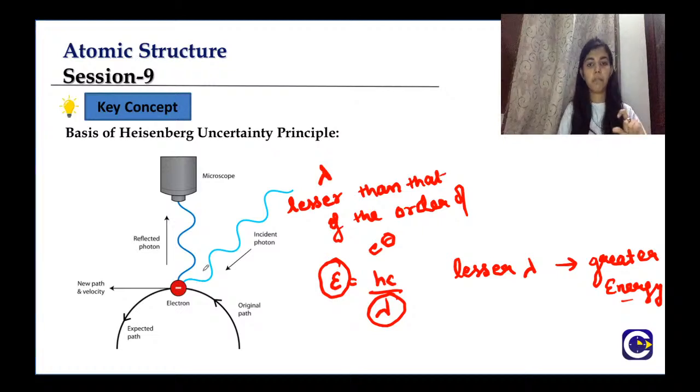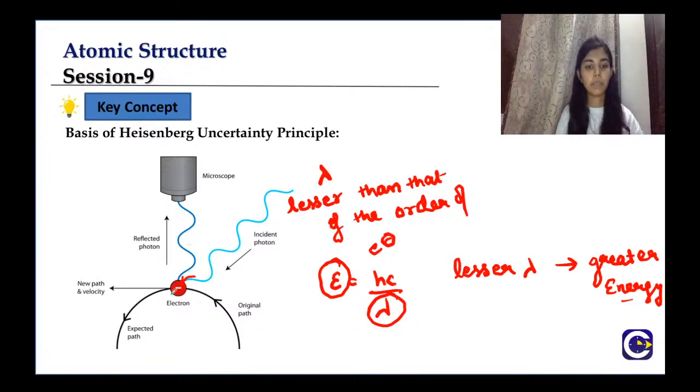Now we know that the radiation is made up of what? The photons, right? As explained by Planck basically, that it is made up of photons. So when a photon collides with an electron, the electron absorbs the energy of the photon, right? And because the energy is very much higher, when the electron absorbs this energy, there is an increase in the velocity of the electron and it goes out of the orbit simultaneously.